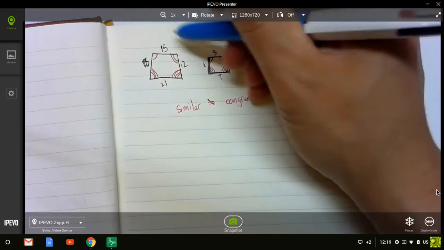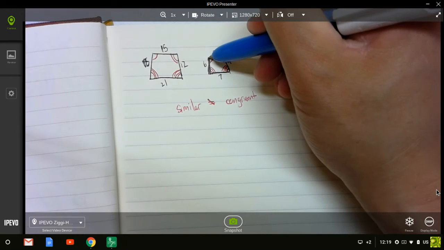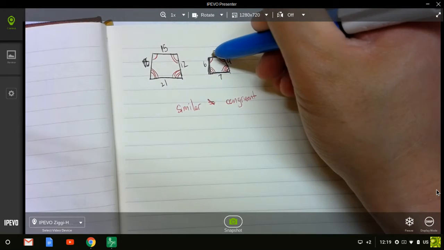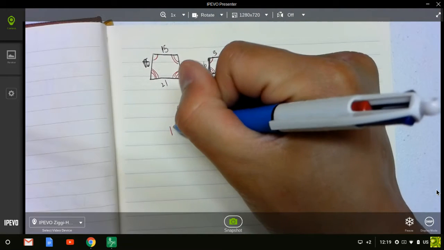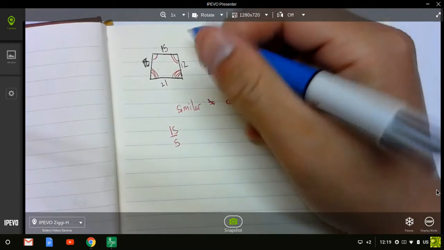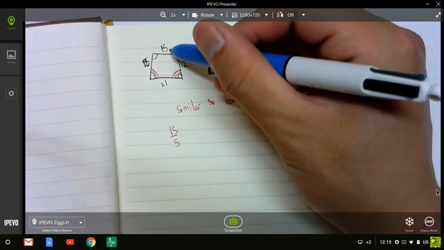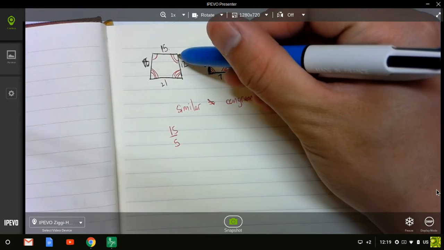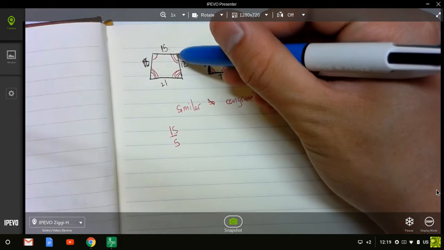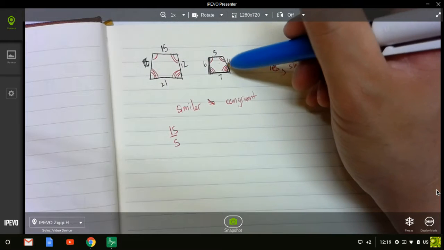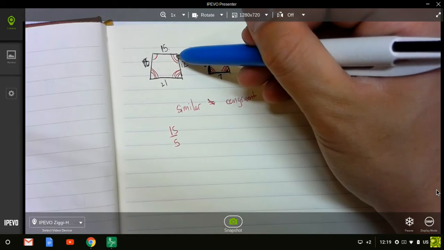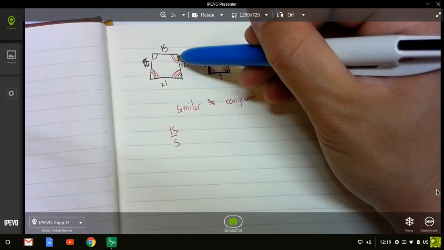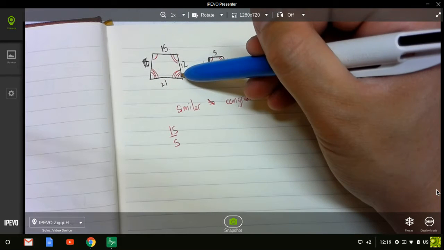So I know that this top length here should be proportional to this top here from these two quadrilaterals. So let's see, 15 divided by 5, and then let's see if that's proportional to the ratio of these sides on the right-hand sides, 12 and 4, only because we notice that the order of the angles is the same, where there's a 2 dash and a 3 dash in the upper right to lower right-hand corner.